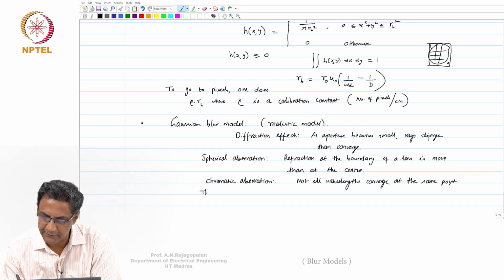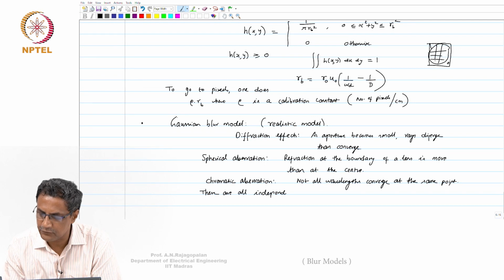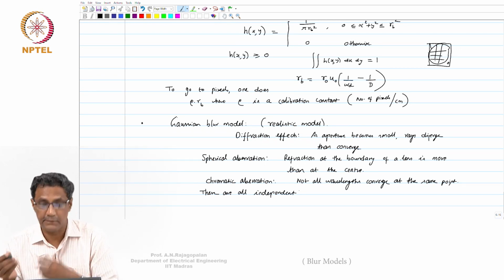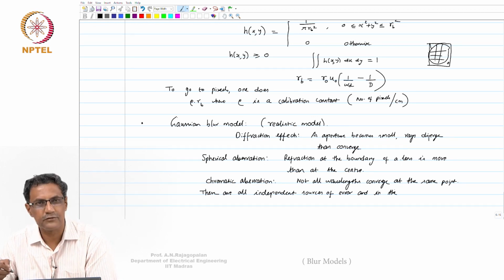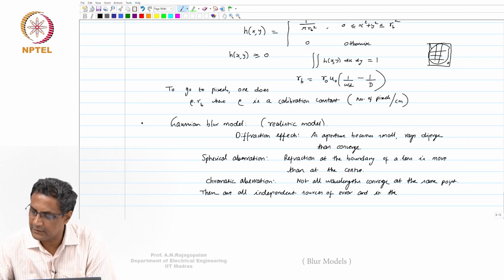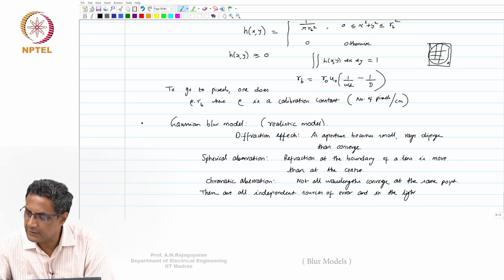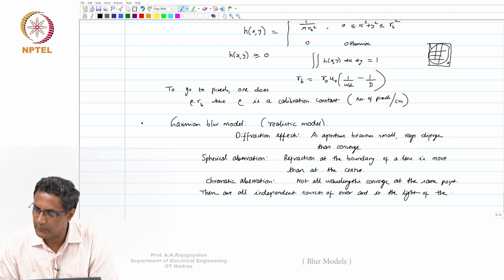These are all independent sources of error to the actual model that you have in mind, and there is also the coma effect and a bunch of others.